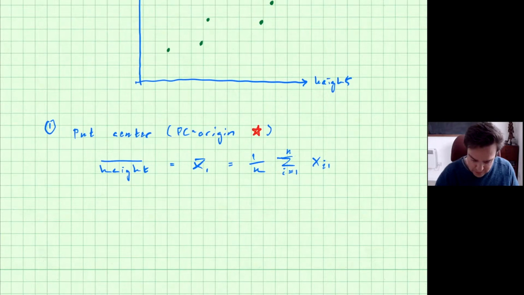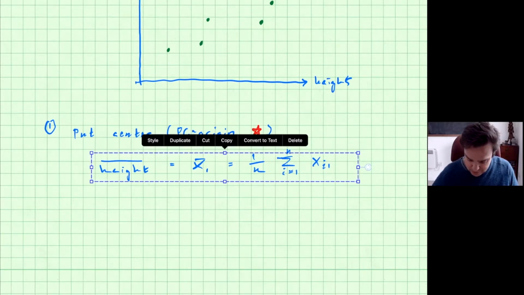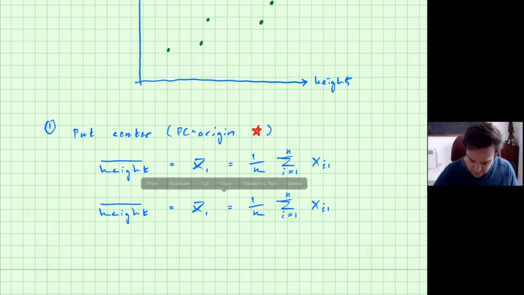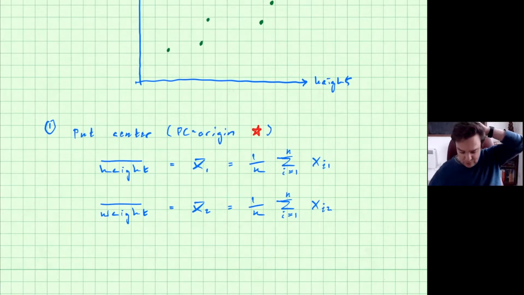And then similarly, the weight for the center should be the average of the weights. Right, so let's just copy this. And there we go. So this is x bar 2 and x row i column 2, right? Okay, so that's where you put the center.